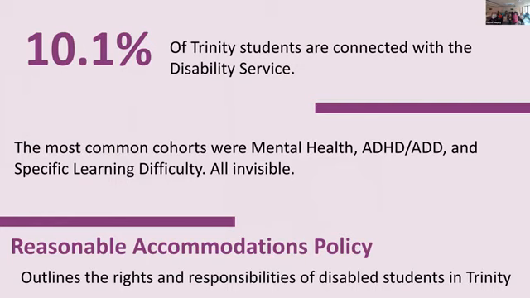So 10.1% of the Trinity students are connected with the disability service. And I think what's really important is if you think about your own work and how many students you interact with, 1 in 10 of those statistically has a disability. But maybe when you think of a disability, you probably don't think every 10th person you see has a disability, because most of them are invisible.